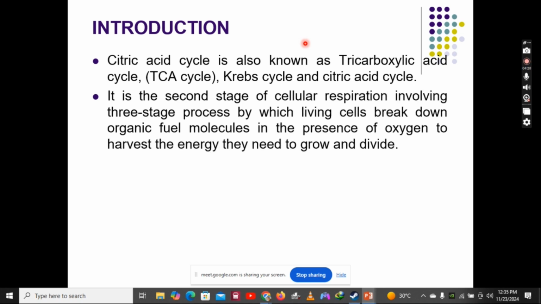So the citric acid cycle, I said, is the second stage of cellular respiration, and it has three stages. It's a three-stage process, and it takes place in living cells.